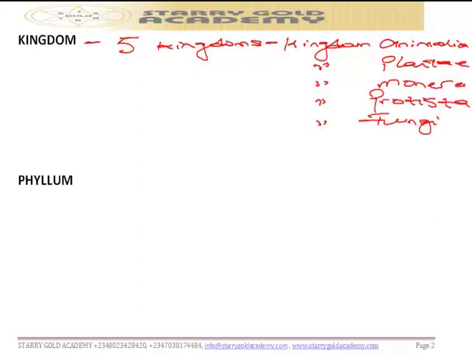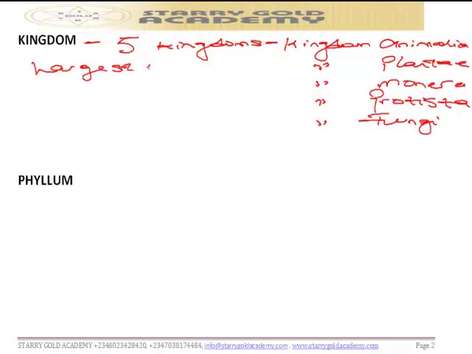Actually, the major kingdoms are just the Kingdom Animalia and the Kingdom Plantae. But we had to have these other 3 kingdoms because there was no way we could classify the Protista, the fungi, and the Monera as either plants or animals. So we had to create a new kingdom for them, right? The kingdom is the largest umbrella under which all organisms are classified.